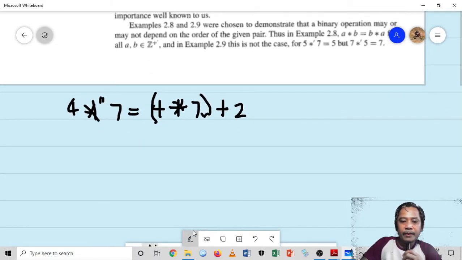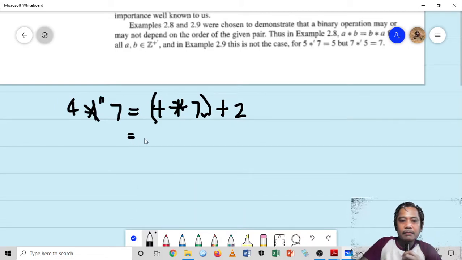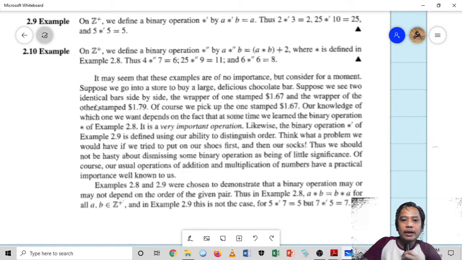So for 4 asterisk 7, the minimum is 4, so the answer is 4 plus 2, so the answer will be 6. Okay, so that is why we have here 4 asterisk double prime 7 is 6. Okay, you can just verify the other 2 examples.